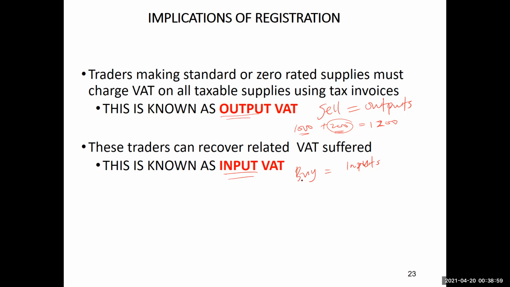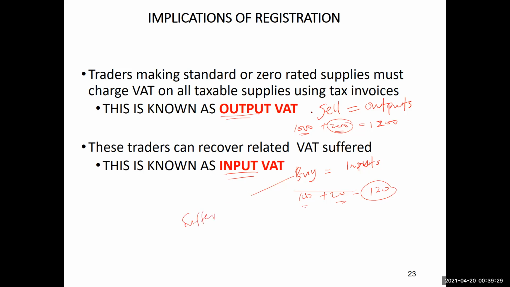Any acquisitions, whether of goods or services, which we have bought, any implements. So we bought this from a company, let's say 100, and then he has applied a VAT of 20. So we paid him 120. In reality, we should have paid him 100, but he's collected 20. So we have suffered a VAT of 20. So for input VAT, we suffer, okay?